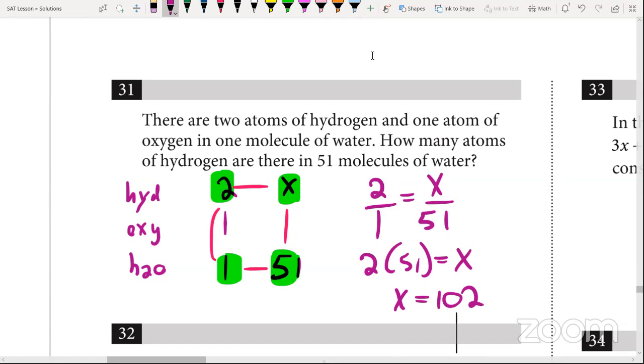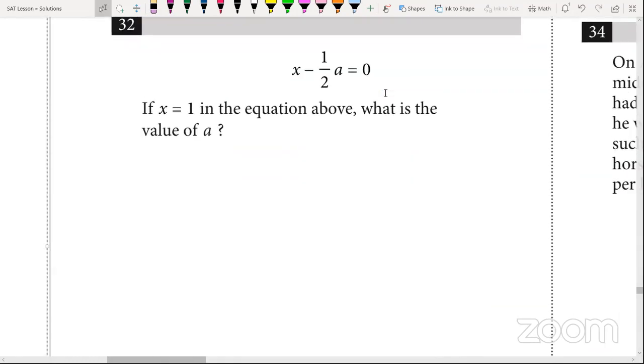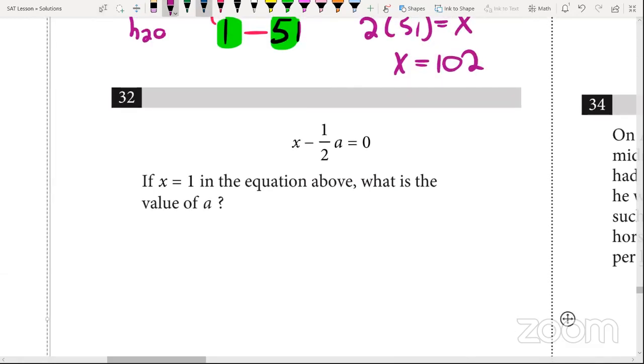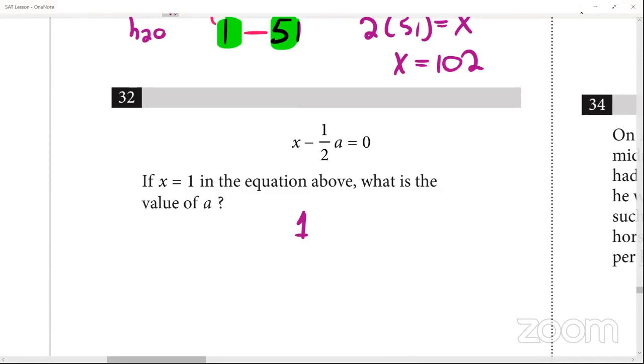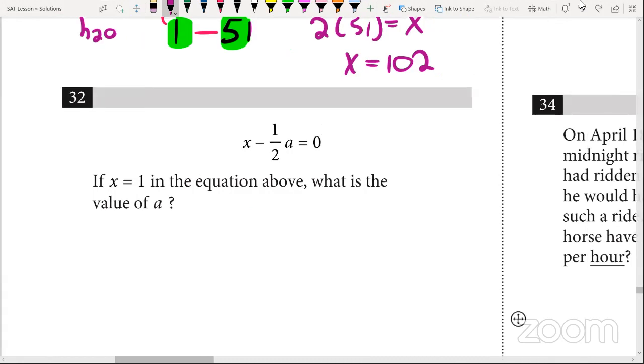Going over to question 32. It's telling us x equals 1. So let's just plug that in. X is 1. So we'll say 1 minus 1/2 a equals 0.